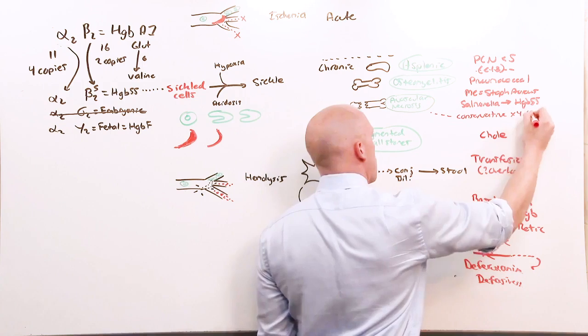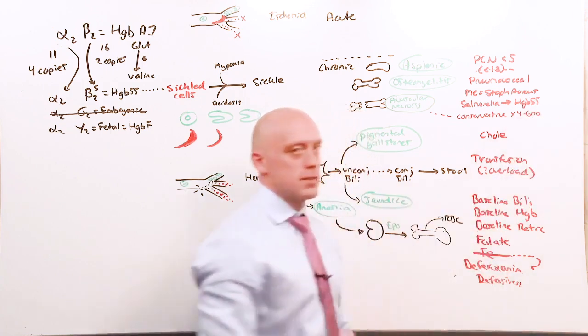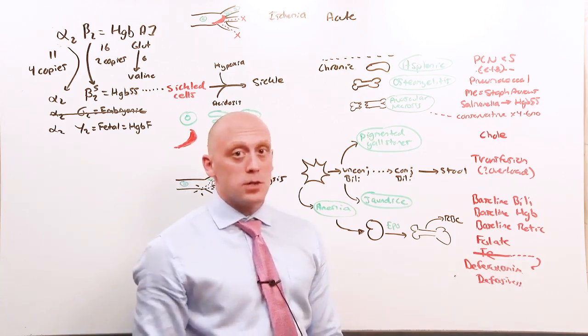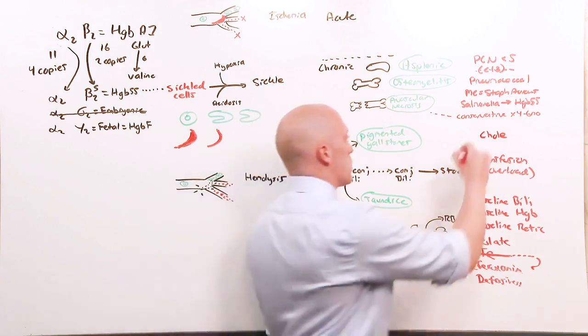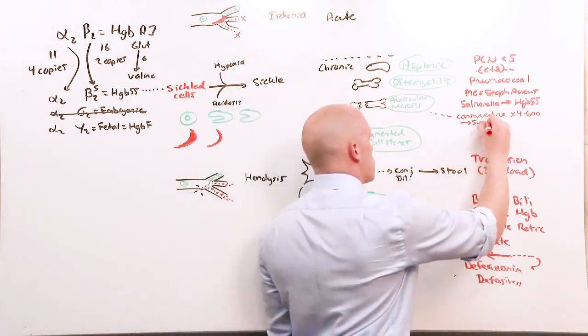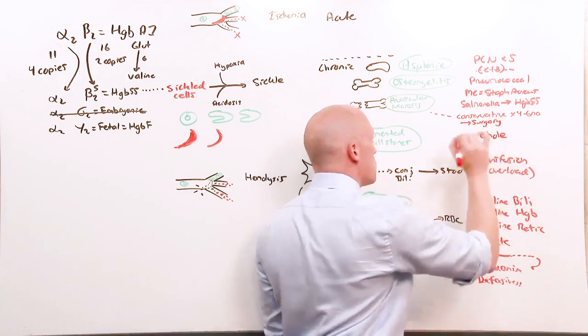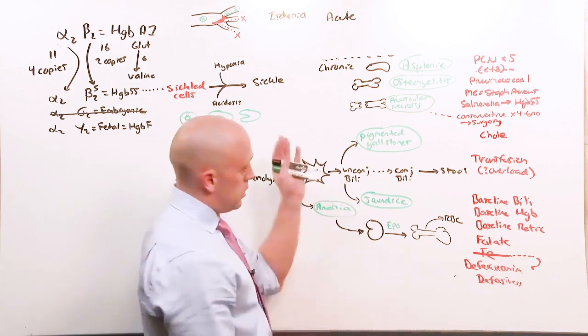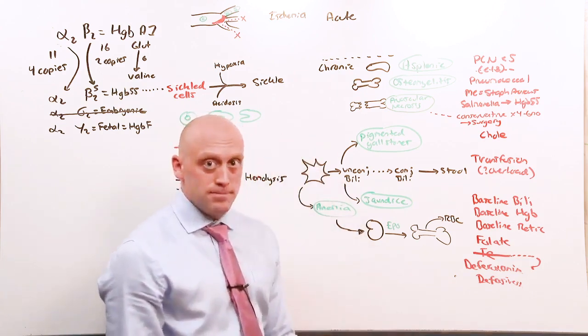Usually for 4 to 6 months, crutches, NSAIDs, get them off the leg and see if it heals. But ultimately, this is like a hip fracture, and so if it does not, you may need to go to surgery. But the initial therapy for avascular necrosis should be conservative management. These are the issues you have to deal with chronically.